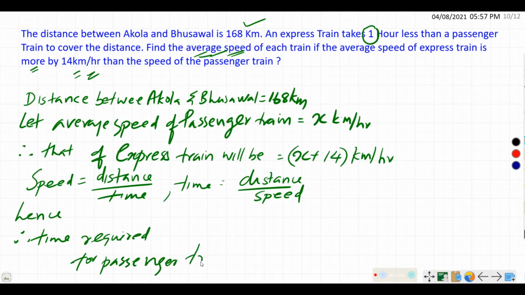Time required for the passenger train is equal to time. We write distance upon its speed. Correct? That is the time taken by the passenger train.